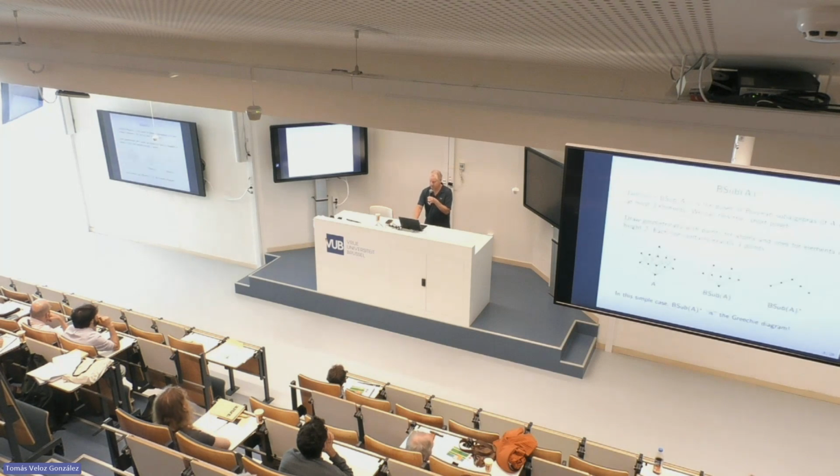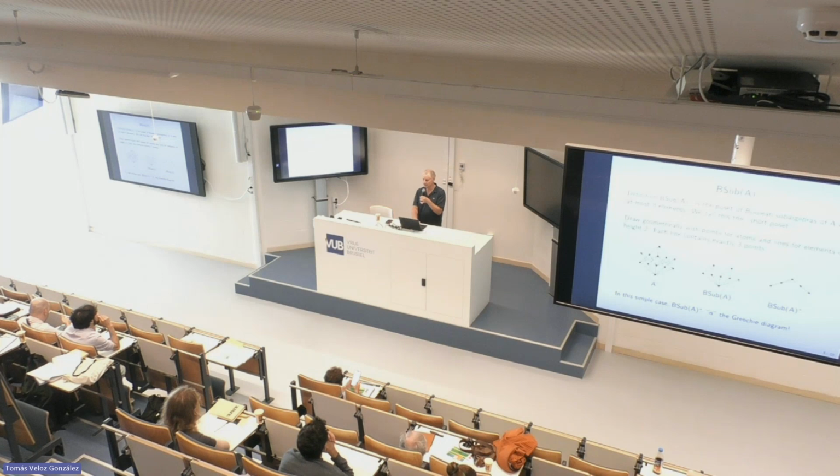This picture here is the same picture that I have from this slide. What's new is I'm going to draw this guy geometrically. So these points here, these atoms, are going to be drawn as points. The guys of height 2 are going to be drawn as lines. So these are 8-element Boolean algebras.